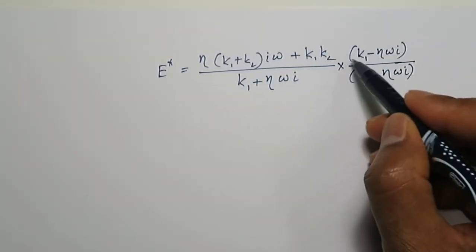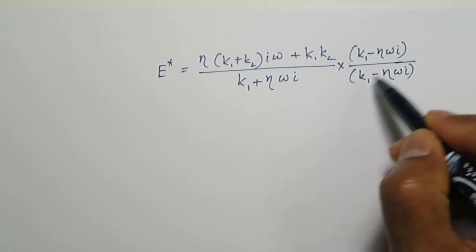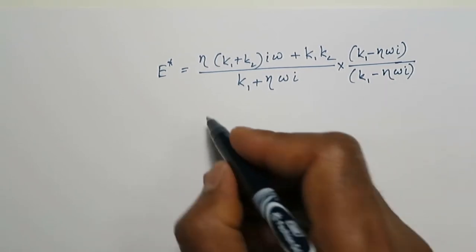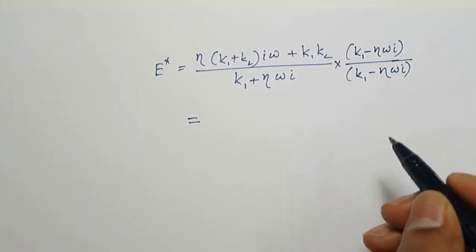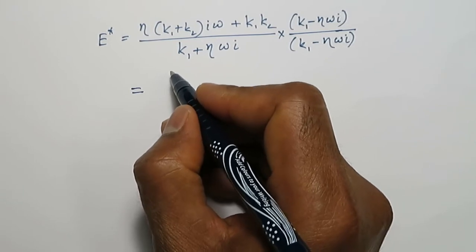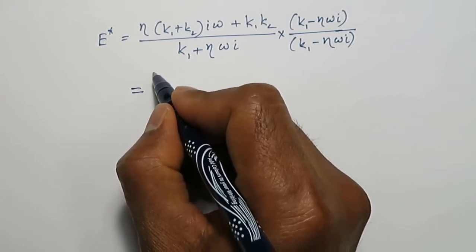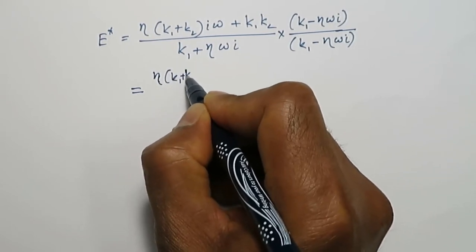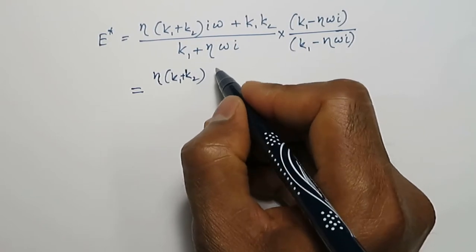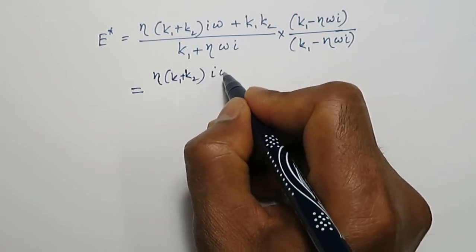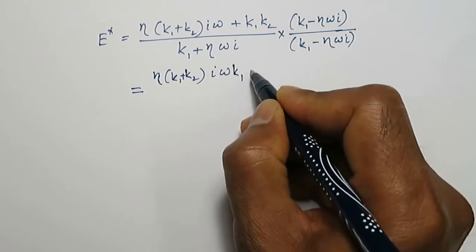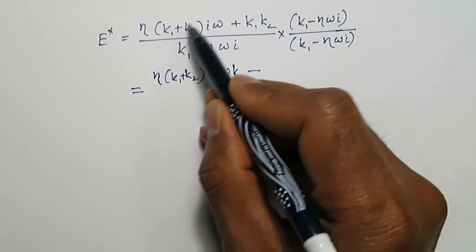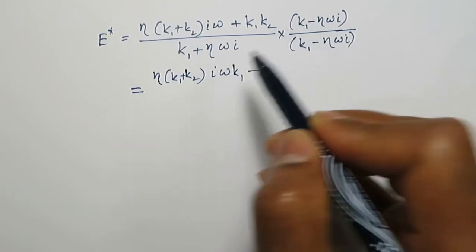So we are multiplying by the same parameters in the numerator and denominator. So now we can write this as eta (k1 + k2) i omega into k1 minus, so we are multiplying this by k1 here.